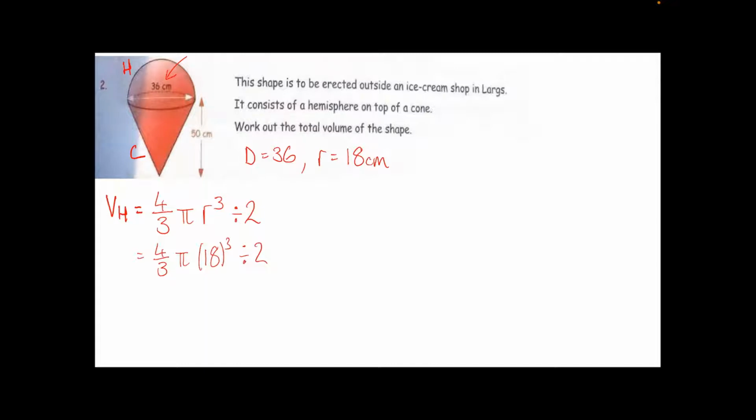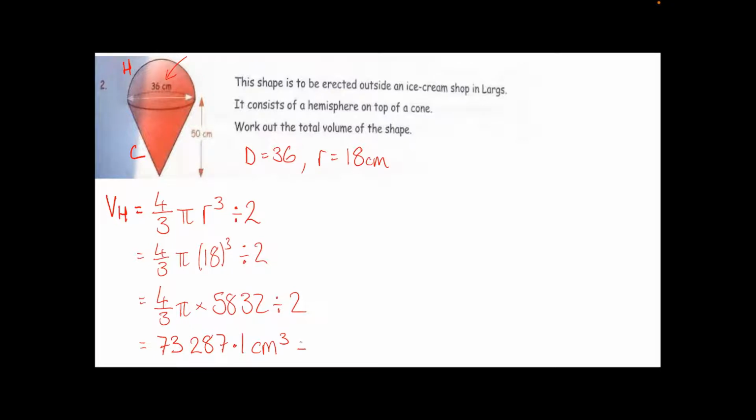Again, I'm going to do my 18 cubed first. So we've got our 4/3 pi times 5832, dividing by 2. So that's going to give us 73,287.1 centimetres cubed.